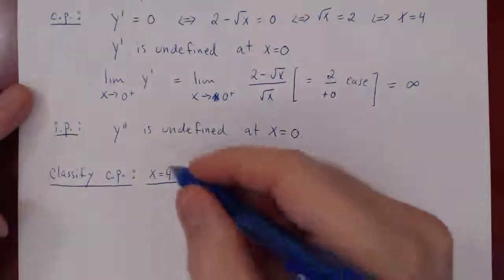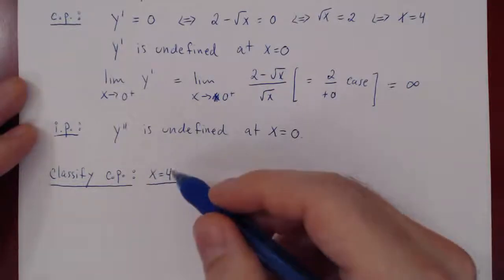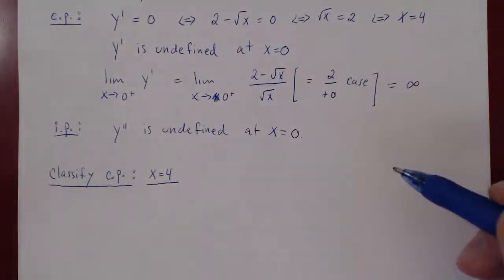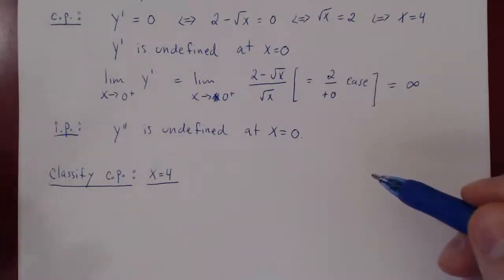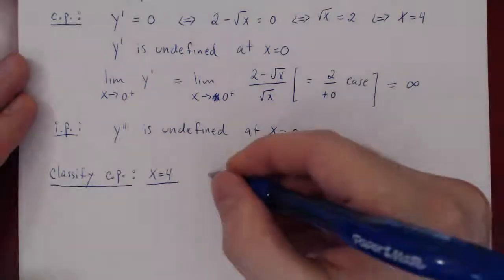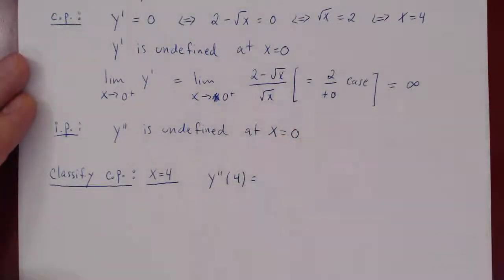And again, we classify a critical point. So this is a point where the derivative was 0, so the curve is flat there. The question is, will we have a local minimum, a local maximum, or something different? And this will be given by the second derivative. So we find the second derivative at x equals 4.